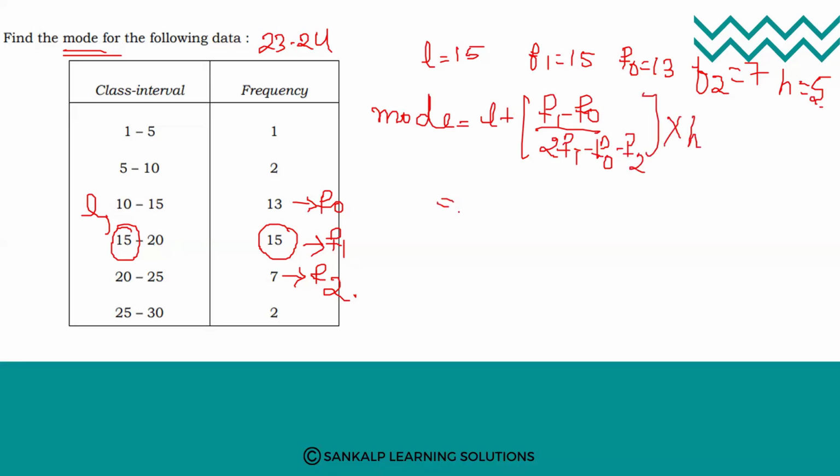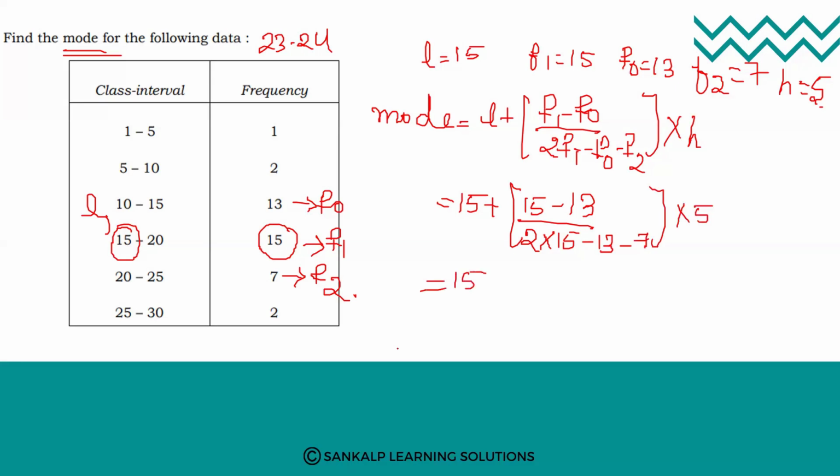So L value is 15 plus F1 value 15 minus F0 value 13, divided by 2 into 15 minus 13 minus F2 value 7, into 5. Now 15 plus 15 minus 13, that is 2, divided by 30 minus 13 minus 7, that is 20, into 5.